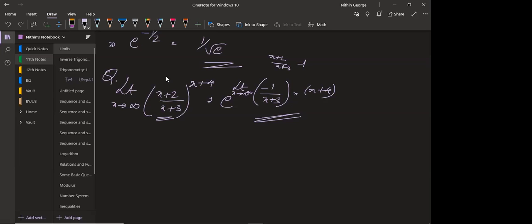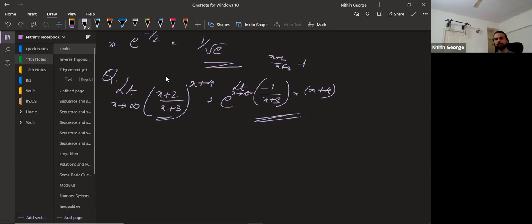So is it an indeterminate form? It is an indeterminate form. Infinity by infinity. Yes.